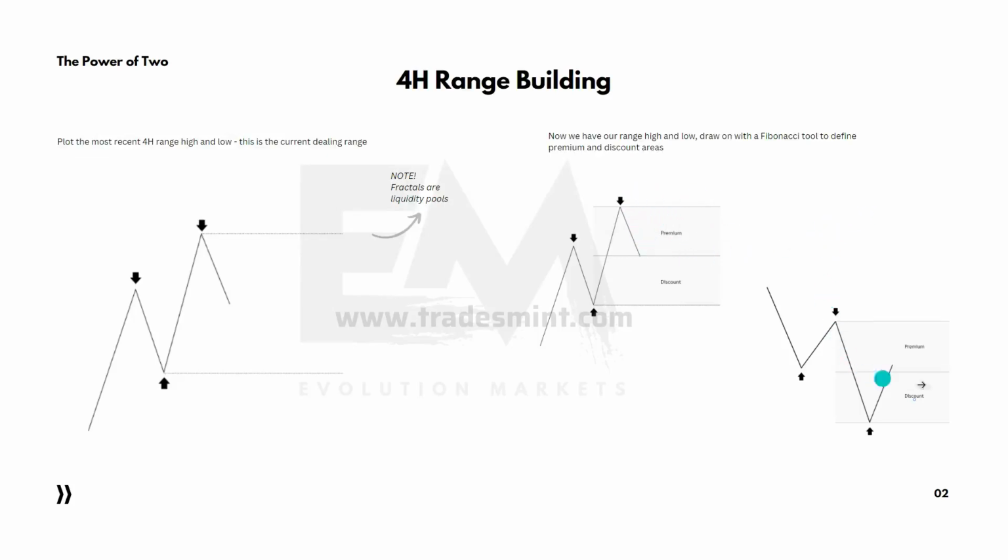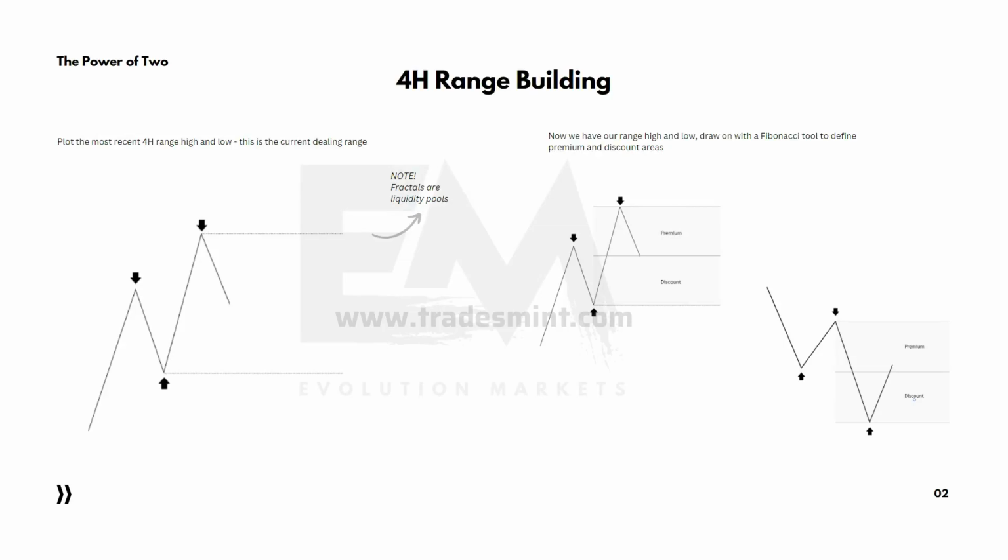Same here, we've got a high and a low, fractal most recent dealing range. Draw on our Fibonacci. This is our premium, therefore we want to be selling in this market, and the lower 50% is our discount. And we want to be buying in that market.